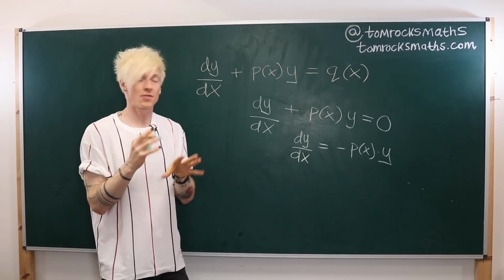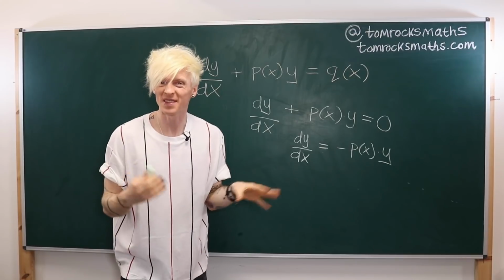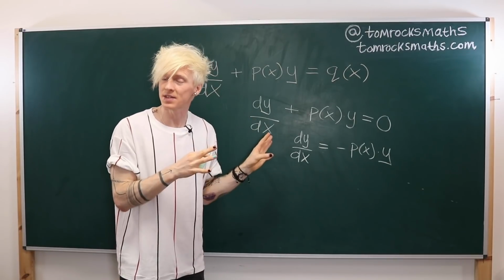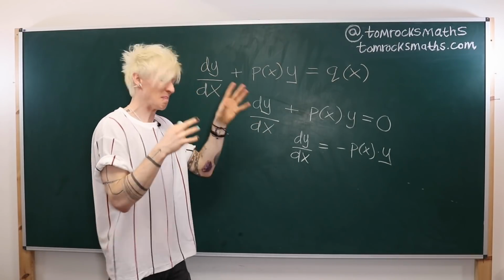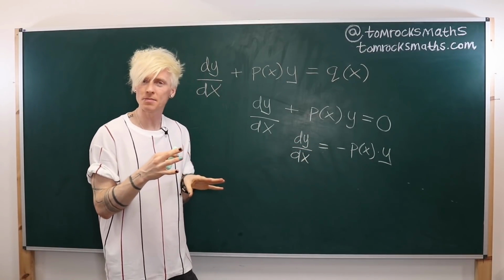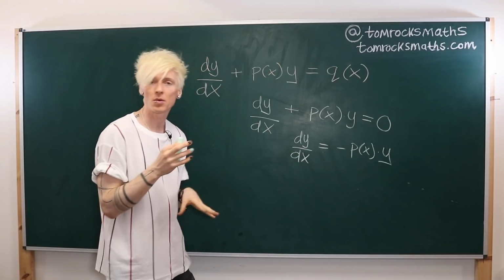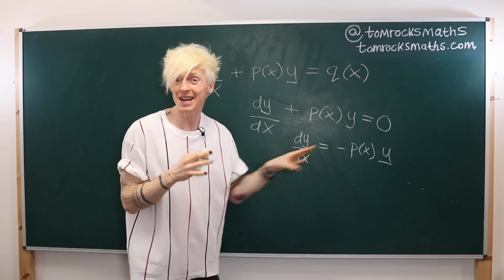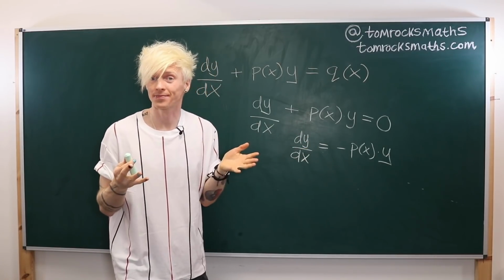Now, don't worry if you've never come across this before. This isn't the focus of this particular video, but basically what you want to do is try and get all of the y terms on the left-hand side of the equation and all of the x terms on the right-hand side, and then integrate.